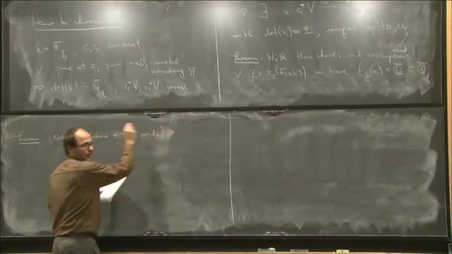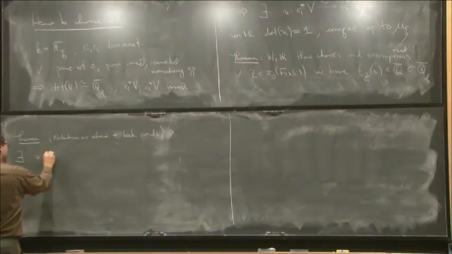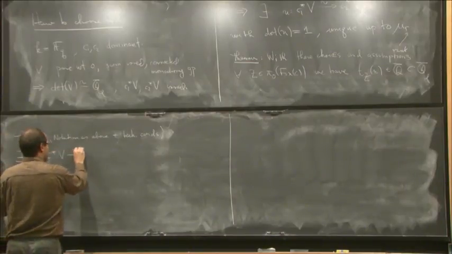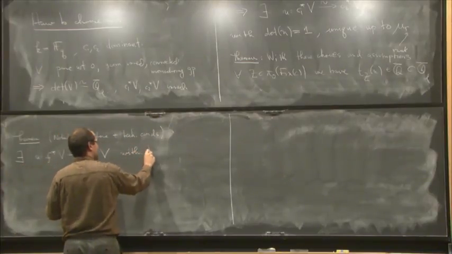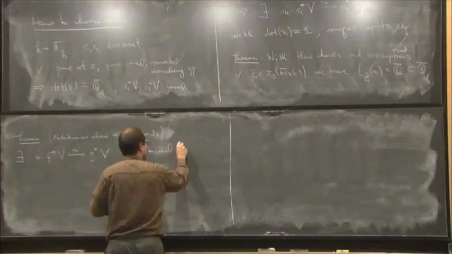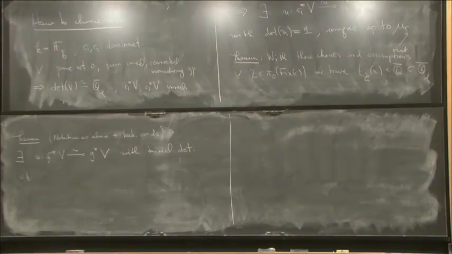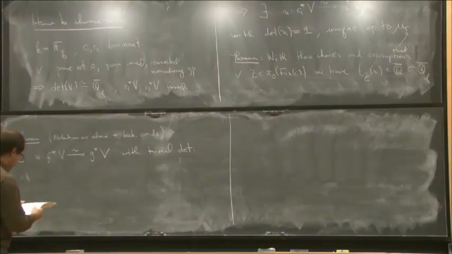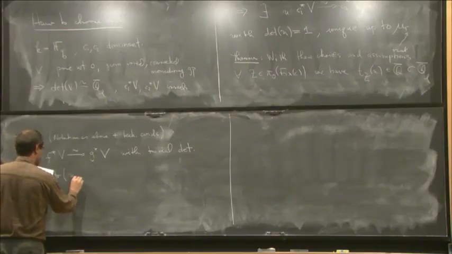But I think it won't help if I start writing them out. So then there exists a u from f upper star V to g upper star V, with trivial determinant, such that, well, you see now the dimensions are all off, so I really don't want to work with g upper shriek. You could think of this as a correspondence, but the dimensions are not good. So it's better to think of just these local traces. So I'm just going to take the trace of the stalk.